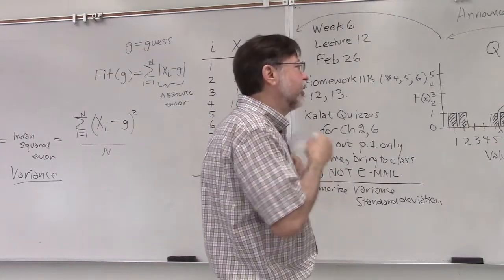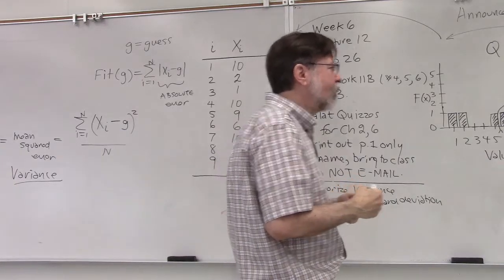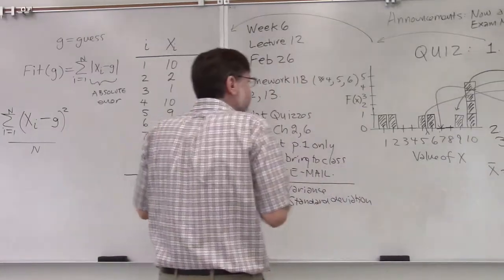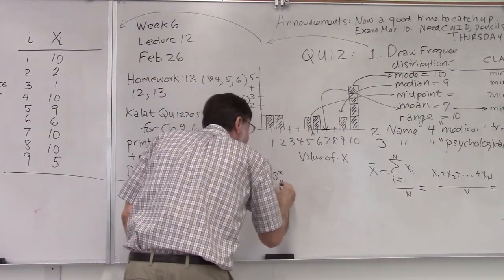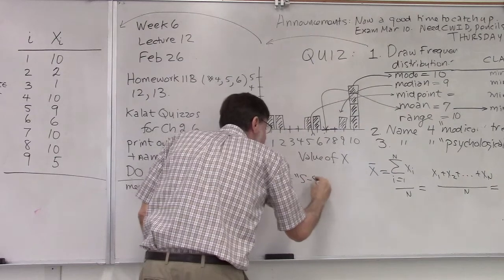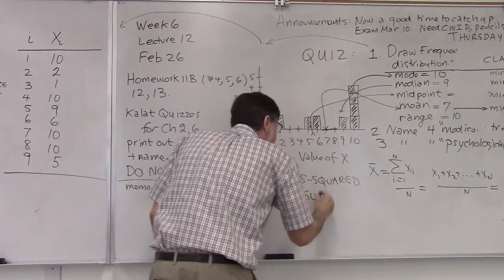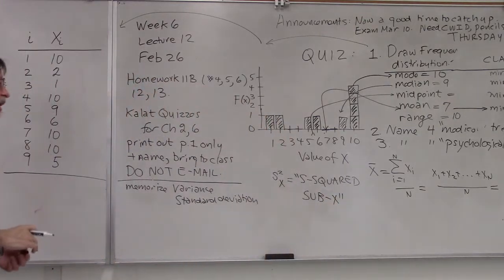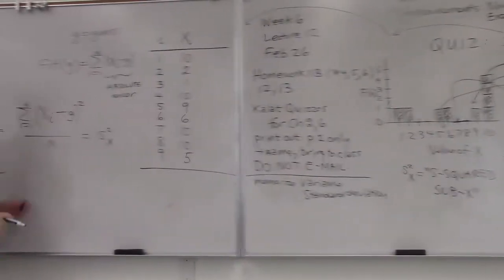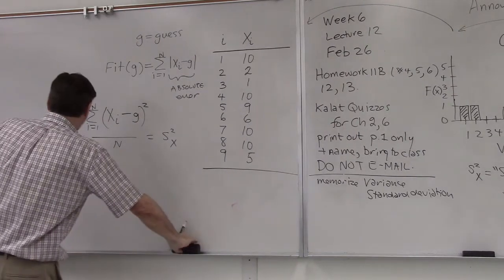So let's calculate variance. Here's another example over here for calculating the variance. The formula, so here's the formula to memorize. The symbol we use is s squared sub x, and it's called the variance, and it's equal to this.